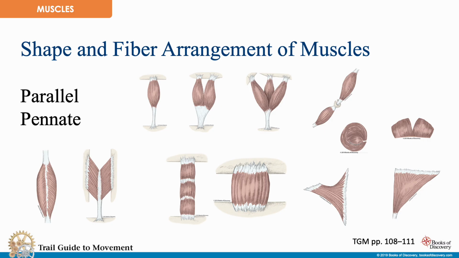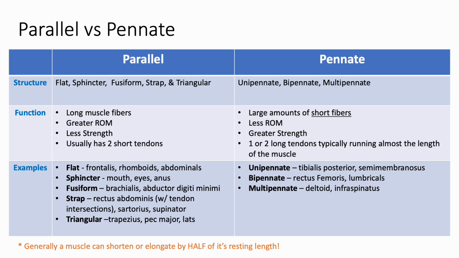And that would be shown in the first three illustrations here on this page as an example. Okay, so parallel versus pinnate. With parallel, you're going to find that they are longer muscle fibers, and with the longer muscle fibers, they're going to give you a greater range of motion.